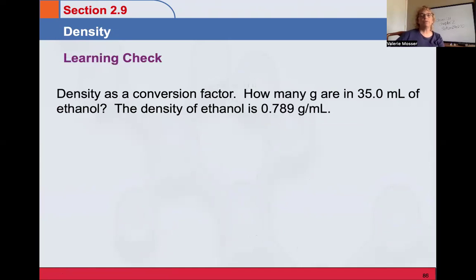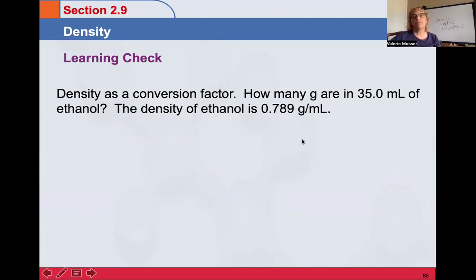So here's a problem for you using density as a conversion factor. How many grams are in 35 mL of ethanol if the density of ethanol is 0.789 grams per mL? So you had a minute to pause the recording.